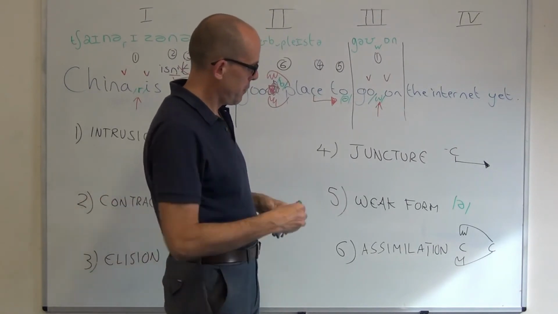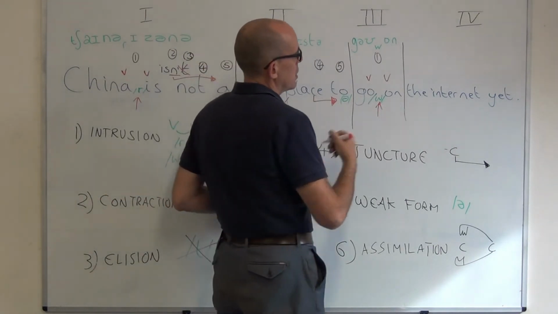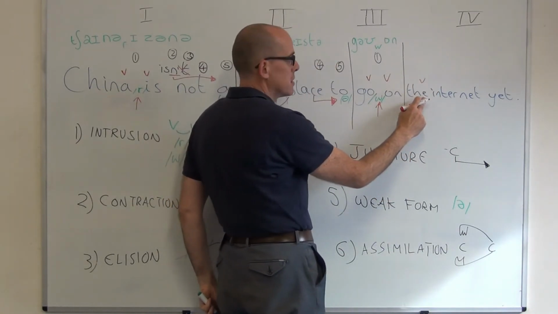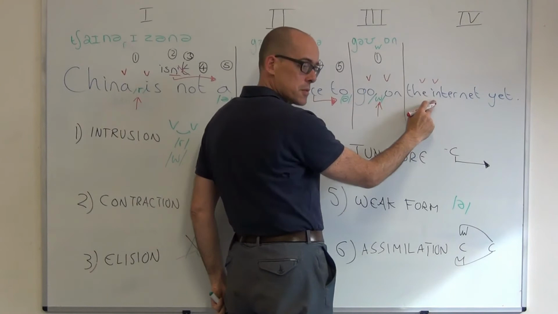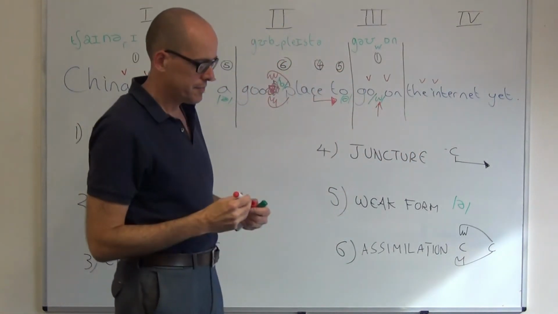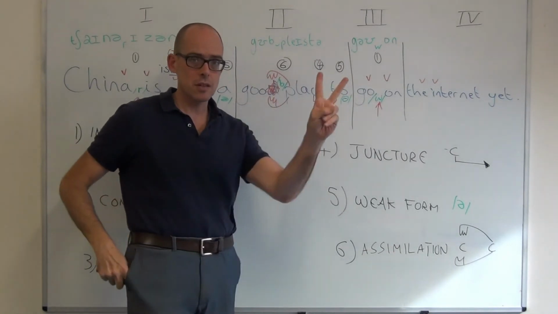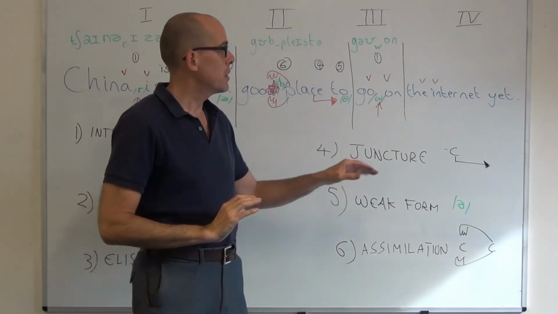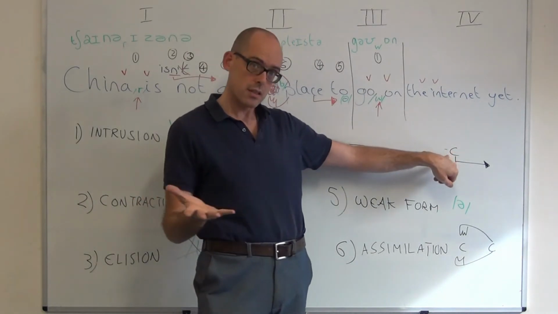In sound word number 4, again, we've got a word that ends in a vowel sound, followed by a word that starts with a vowel sound. Now the article, "the," can be pronounced in 2 ways. You can say short "the" when it's followed by a consonant.